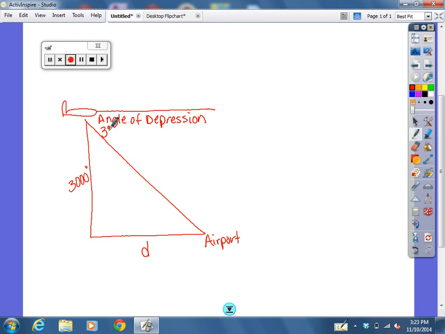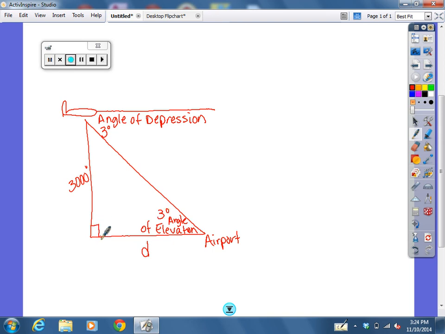So my angle of depression is up there where the airplane is looking down, but people at the airport would have an angle of elevation. If they're looking up at the airplane, that's an angle of elevation. If the depression looking down is 3 degrees, then looking up is also 3 degrees.